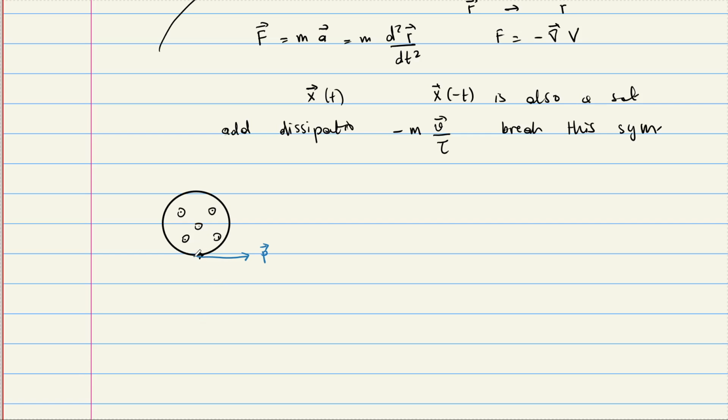At exactly this moment, if I reverse p and keep the magnetic field unchanged, the path is going to turn the other way.